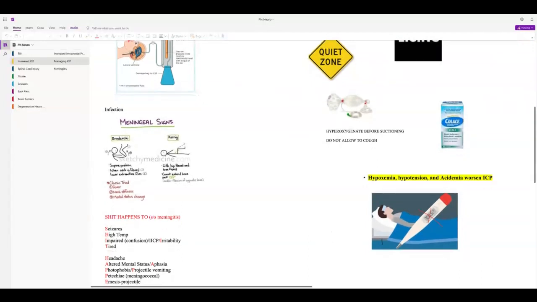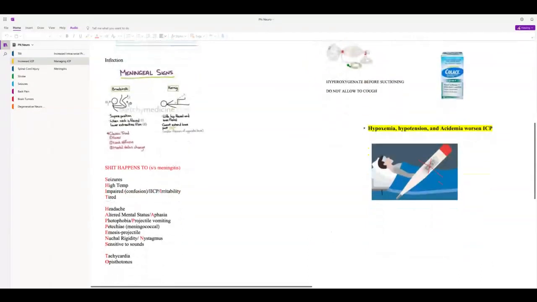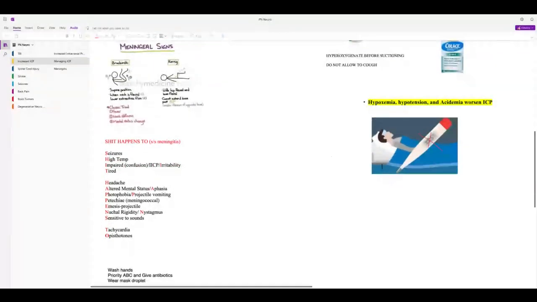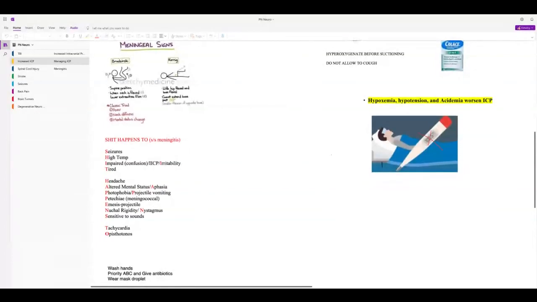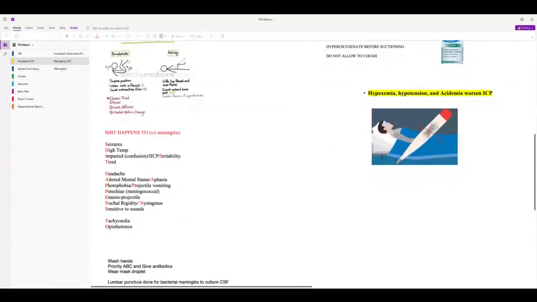So to remember the signs and symptoms, you can remember this mnemonic. Shh, it happens. Okay, so seizures, high temperature, impaired confusion, increased intracranial pressure, and irritability.